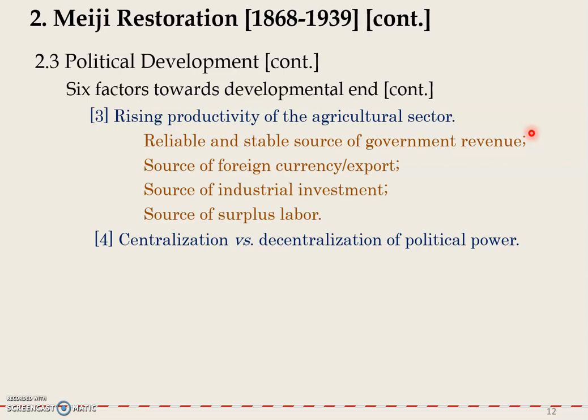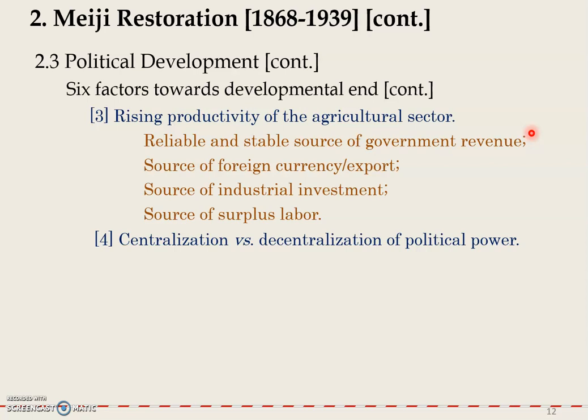We believe that centralization means the political power or the regime is controlled either completely or primarily by an individual or a family. Okay? Decentralization means there are multiple groups of interest or power.